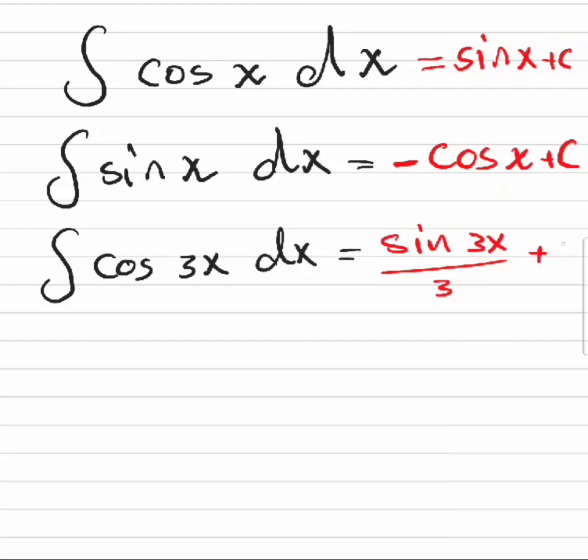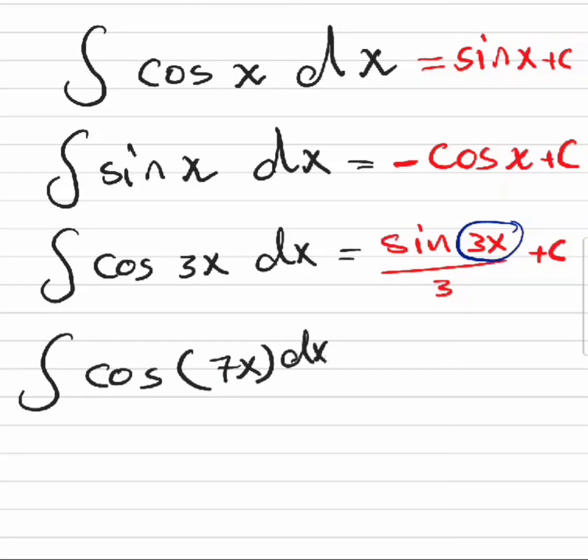This technique only works if you have a linear function on the inside. So for example, the antiderivative of cosine 7x is simply sine 7x divided by 7 plus c.